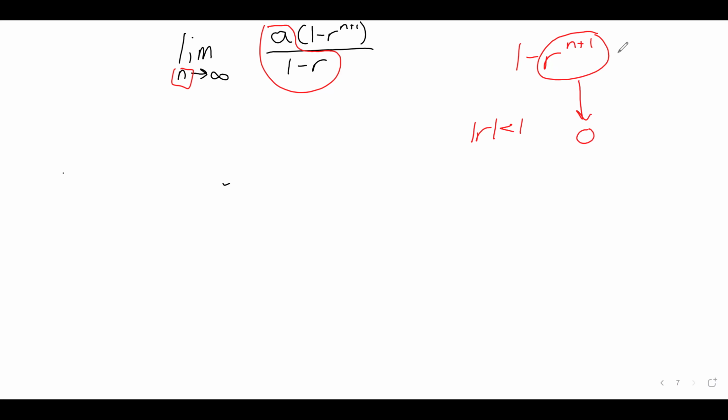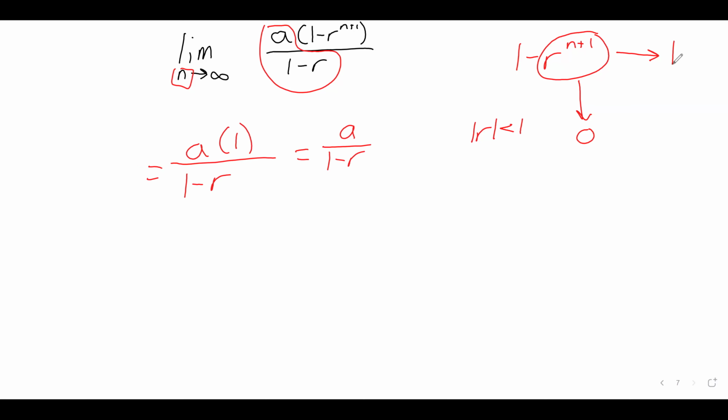So if that term is going to 0, the entire 1 minus r to the n plus 1 is going to 1, and the limit is A times 1 times 1 minus r is A over 1 minus r. Just like we said should happen.